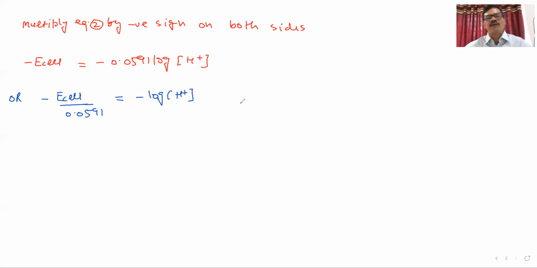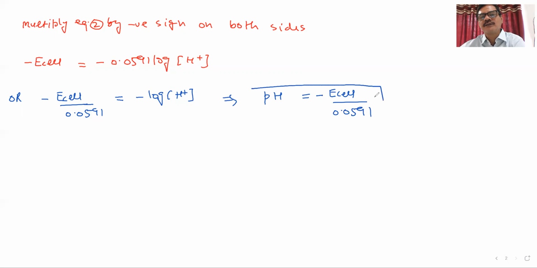So negative log H positive is what? pH. So pH will become equals to negative EMF of the cell upon 0.0591. So this is the relation for pH.